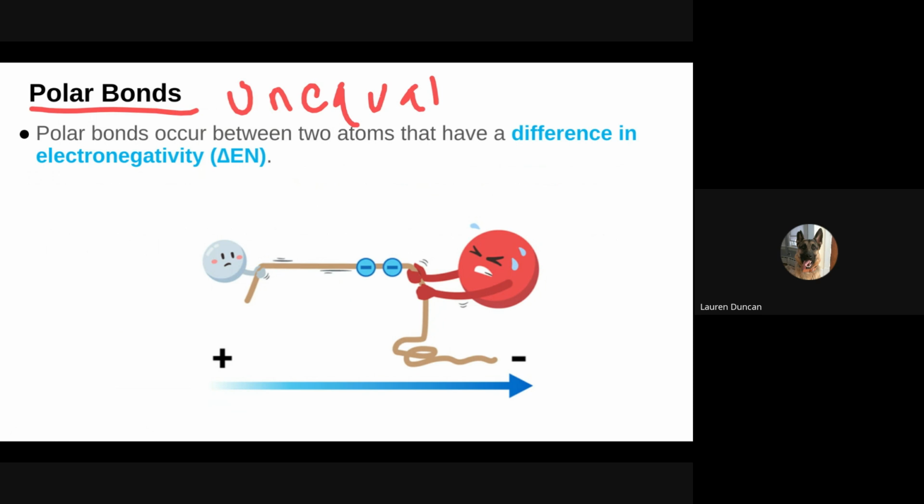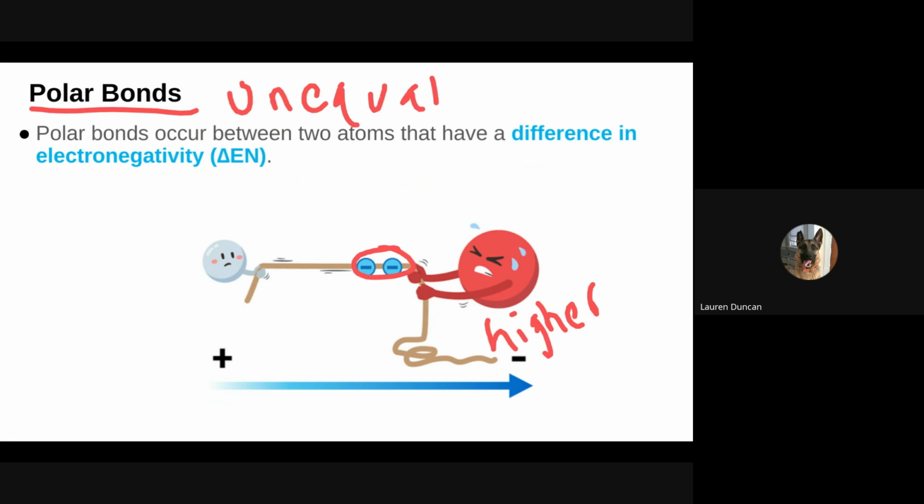One atom is going to pull harder on that bonding pair of electrons than the other. That bonding pair of electrons is going to be physically moved closer to one atom in that bond, and that is going to be the atom with the higher electronegativity value, the one that's got a better electron attracting potential.